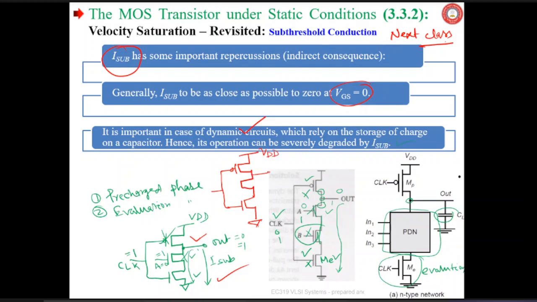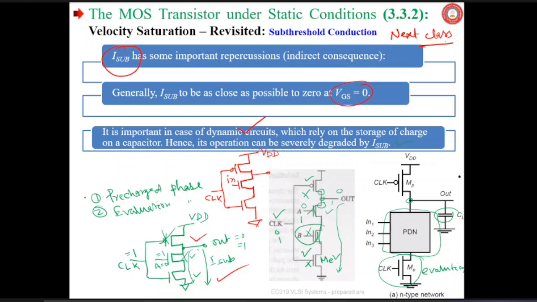This is your output node and this is N. Any dynamic circuit operates with the help of a clock, whereas a static circuit doesn't need any clock. So this is a dynamic inverter.